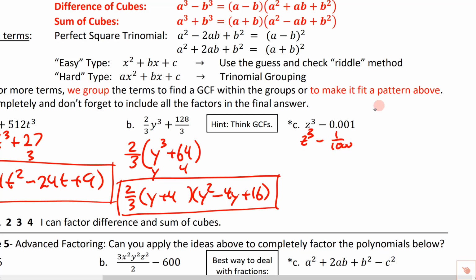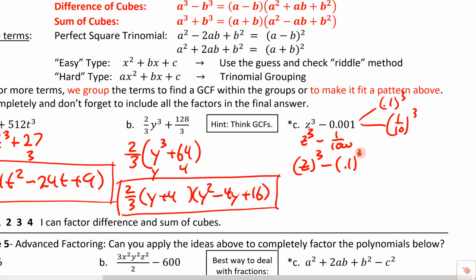Whether you think of it as a decimal or as a fraction, this is going to be 1/10 cubed. I think this is easier to see right there. But it did start in decimal form, so let's go ahead and do this as decimals. So this is going to be a perfect cube of z minus a perfect cube of 1/10.